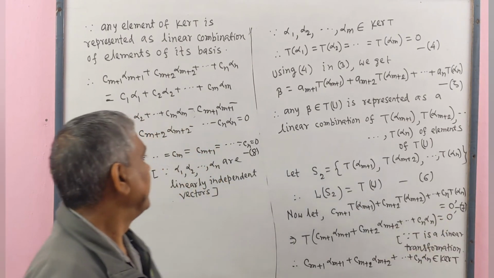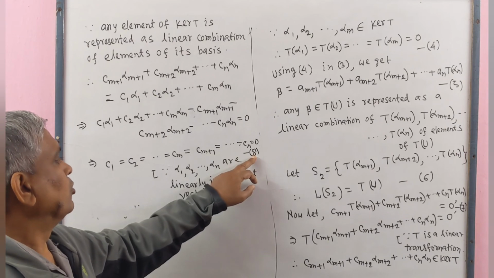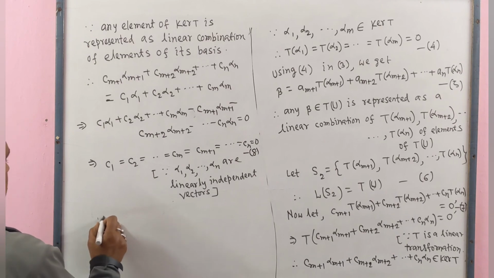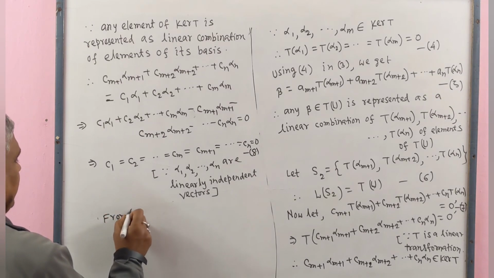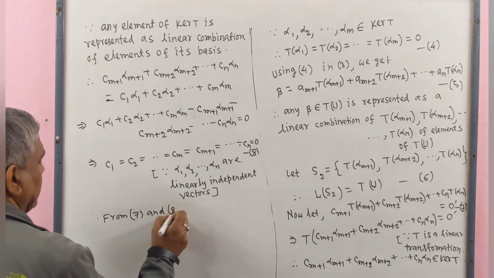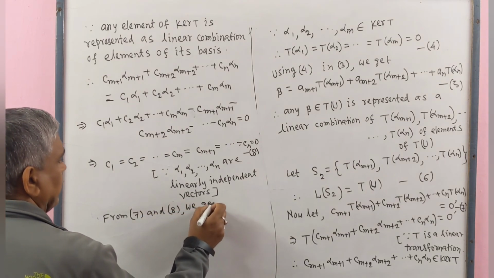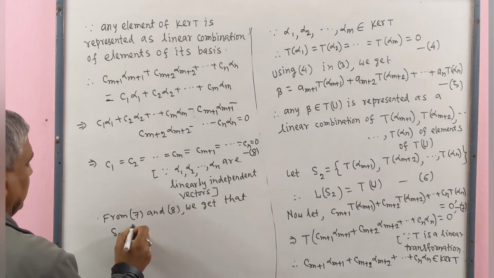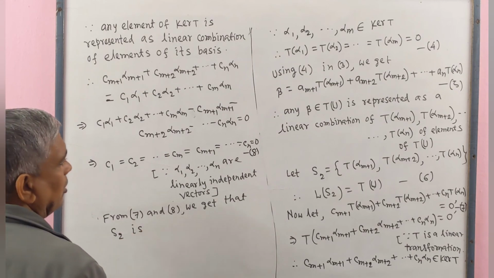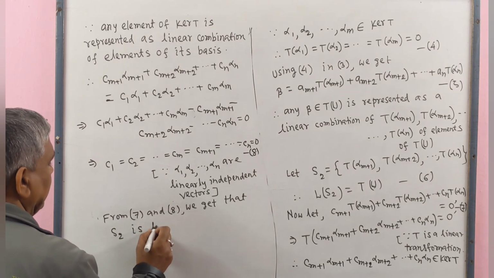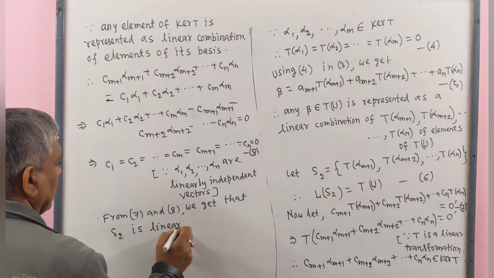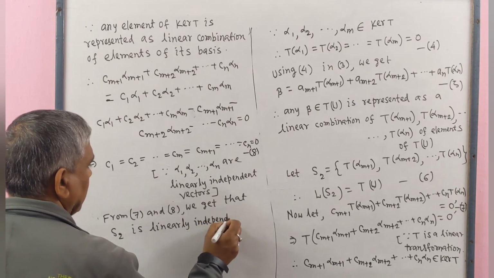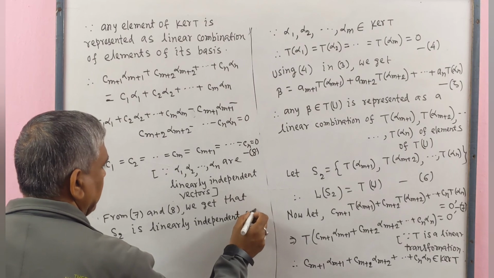From 7 and 8 we get that S2 is a linearly independent subset of T(U).